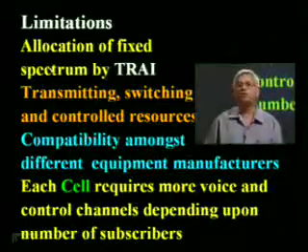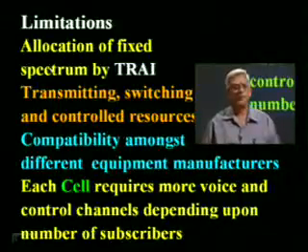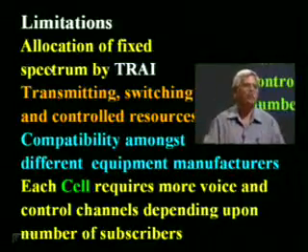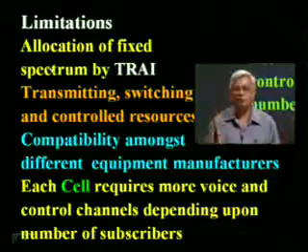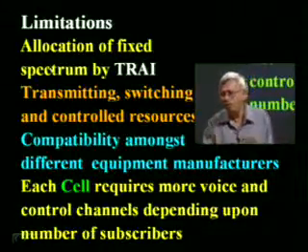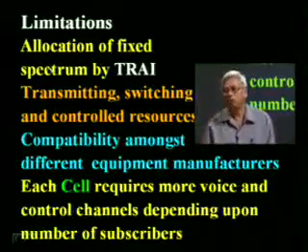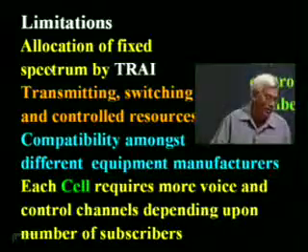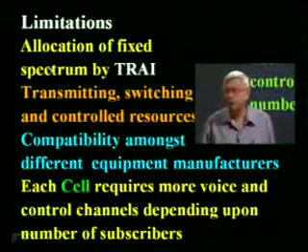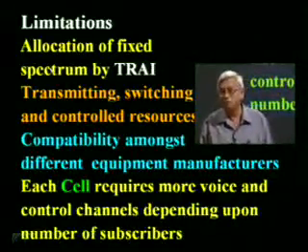Another limitation is the transmitting, switching and control resources. If each cell has its own frequency, own channels, then how many types of transmitters will you need, because each has its own frequency. The third problem is the compatibility among the different equipment manufacturers and their maintenance problem.